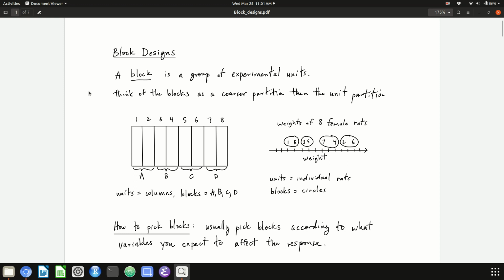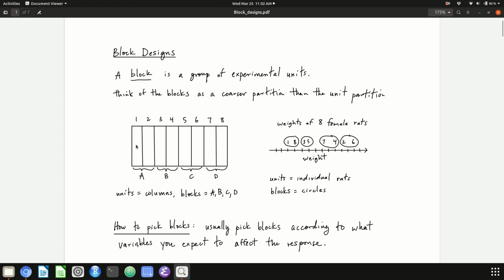Since a block is a group of experimental units, we can think of the blocks as a coarser partition of the experimental material than the unit partition. Here on the left is an example for our agricultural experiment. Because the tractor drives in rows, we define these columns as the units.